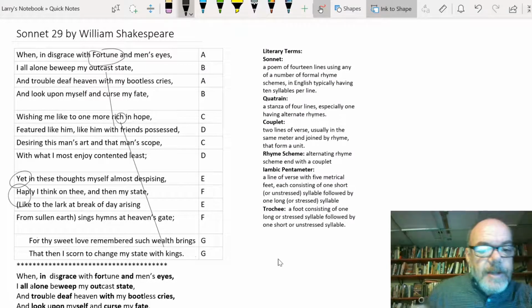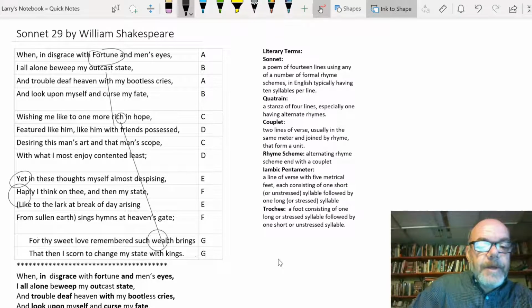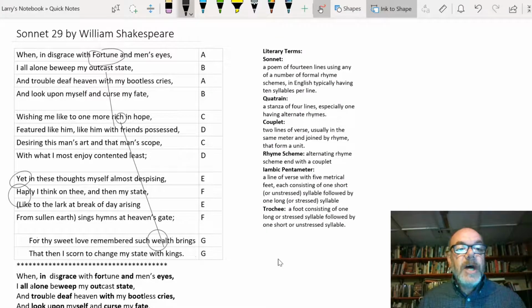So we have this idea of wealth. And the speaker feels as though they have no fortune. They are not rich. They're bankrupt spiritually. They're bankrupt emotionally. They're bankrupt. So we can think about how those words point to this bankruptcy.